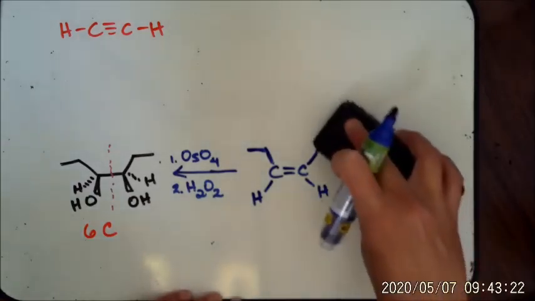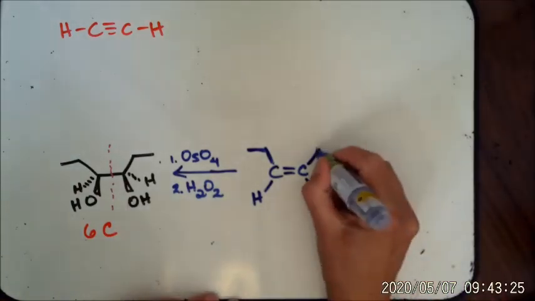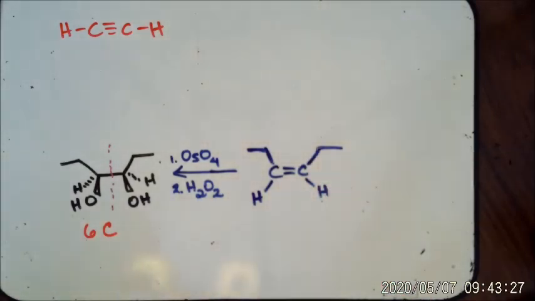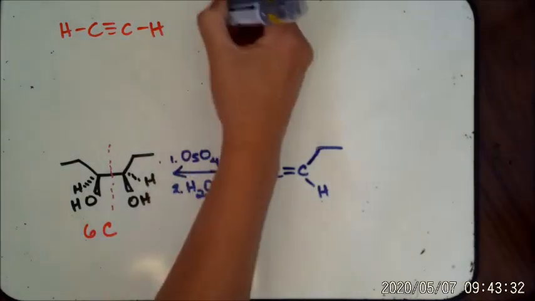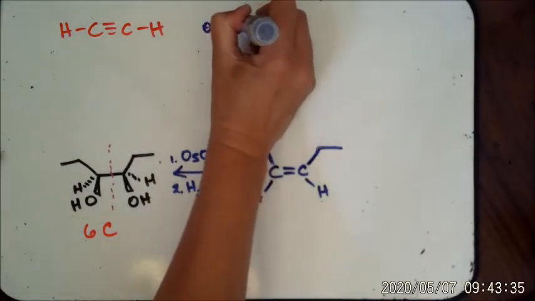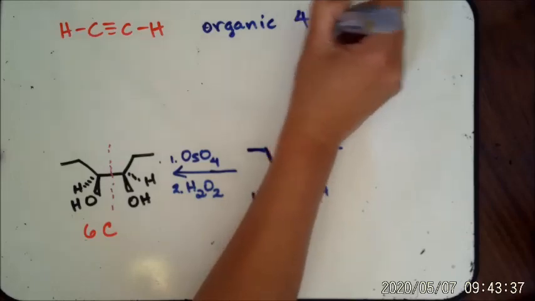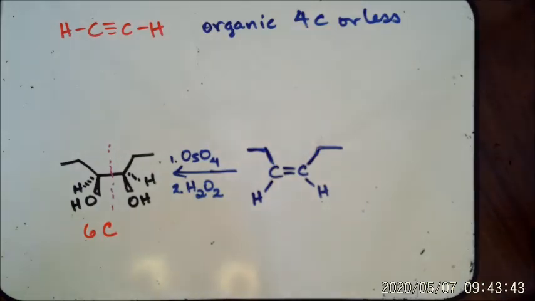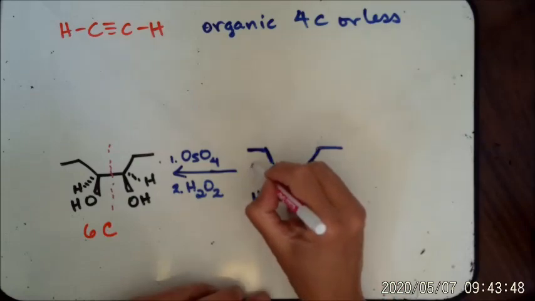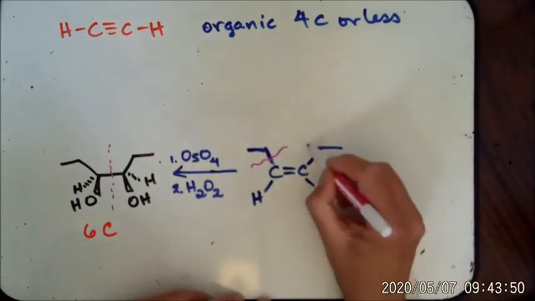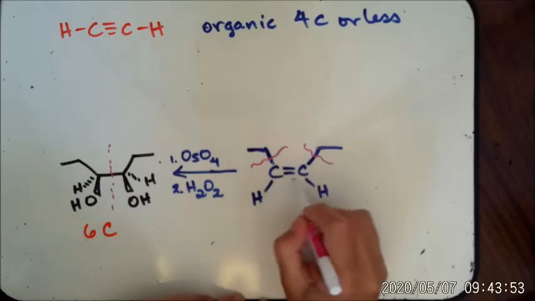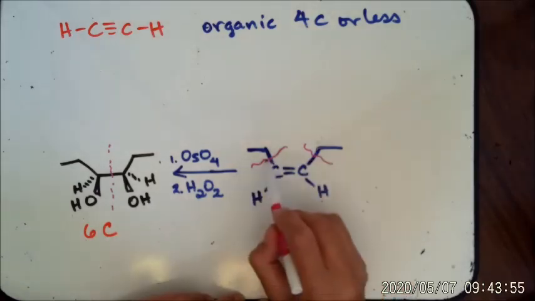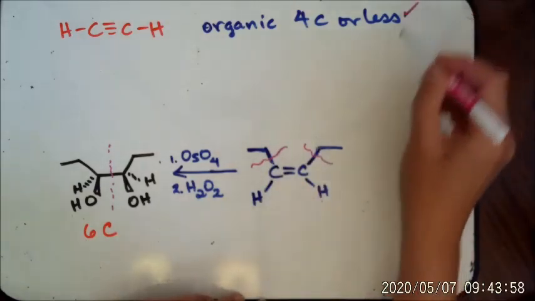So now that we have this, now we have to tell ourselves, okay, remember, I can have acetylene and any organic reagents, 4 carbons or less. And you can see here, we can break this up into 3 sections. I have one here, I have one here, and I have one here. So this is 2 carbons, that's satisfied.